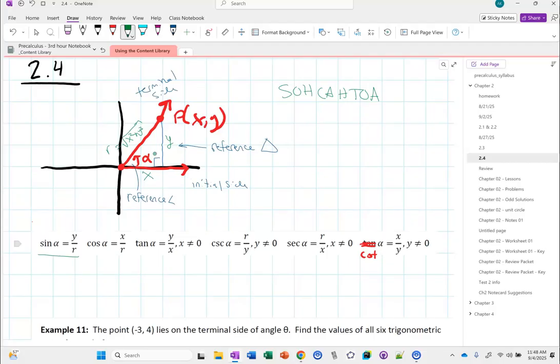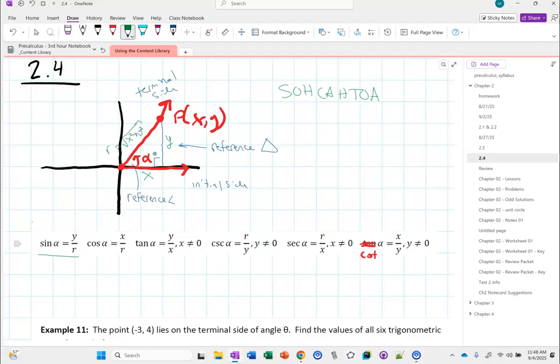Notice I've taken SOHCAHTOA and translated it into the y-coordinate of this point on the terminal side, and the distance that point on the terminal side is from the origin. So I've now broken away from needing to use SOHCAHTOA. Now all I need is a point on the terminal side, and I'm able to accomplish the same thing.